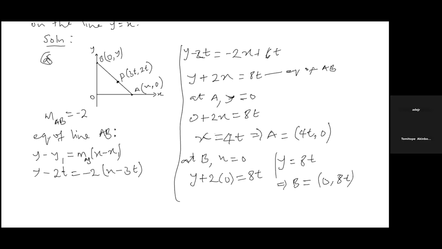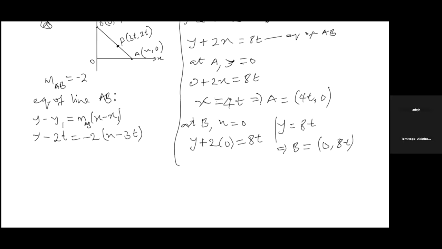Now I can answer the question for question A that says I should find the area. So the area of triangle AOB is equal to half base. Now the base in this context is OA.